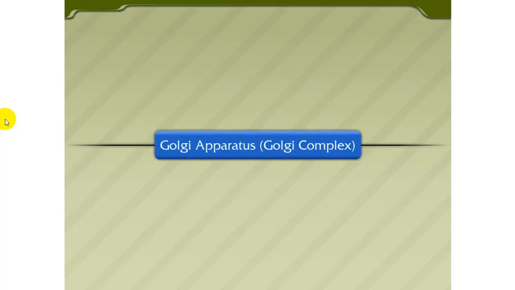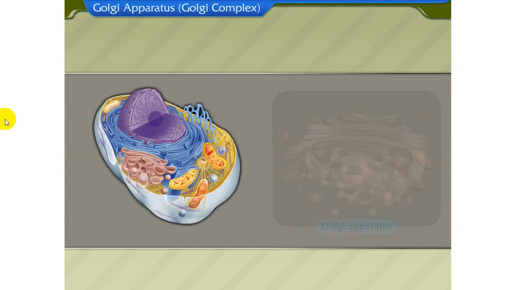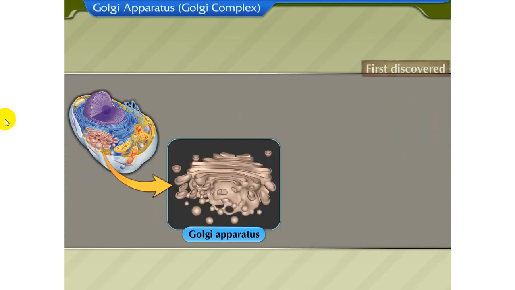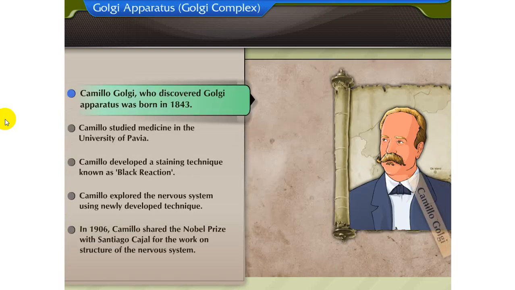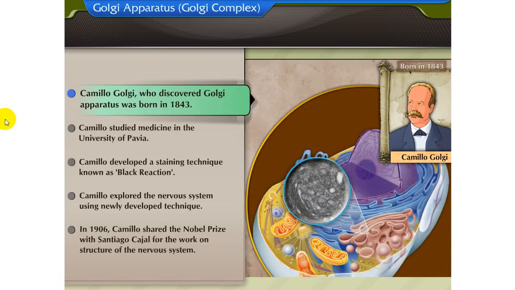Golgi apparatus or Golgi complex. Golgi apparatus was first discovered by a German scientist, Camillo Golgi. Camillo Golgi, who discovered Golgi apparatus, was born in 1843.